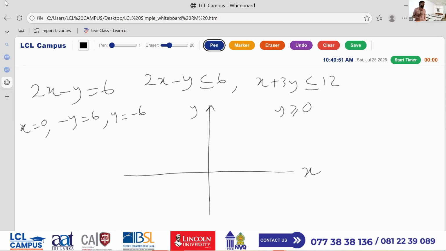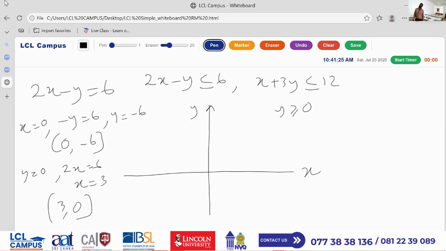Understood? When x equals 0, all this part is 0, then minus y equals 6, therefore y equals minus 6. Then one coordinate we got: 0, comma minus 6. Next, take when y is 0. Y 0 means 2x equals 6, no? Then x equals 3. So 3, comma 0.